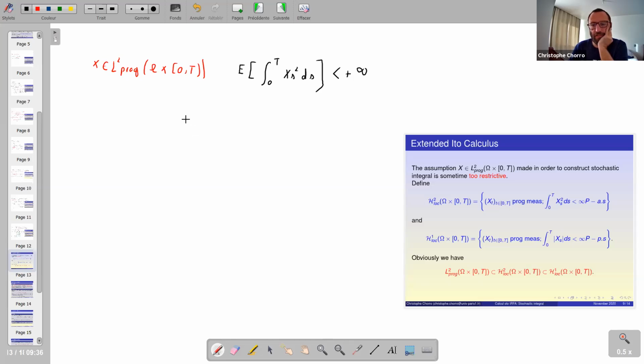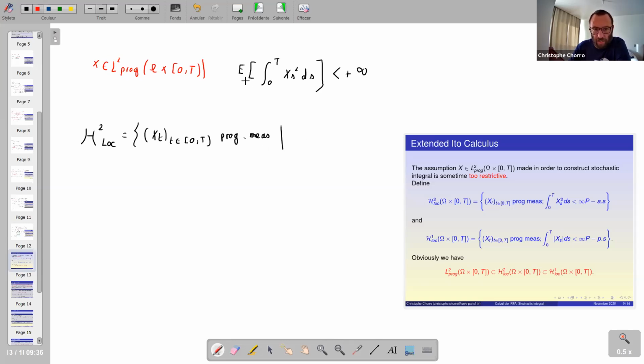So we are going to define two spaces that I will call H2 loc and H1 loc. In fact, H2 loc, for local, and I will explain just after, is just the set of the stochastic processes on 0 capital T that are progressively measurable, and such that I relax a little the integrability condition.